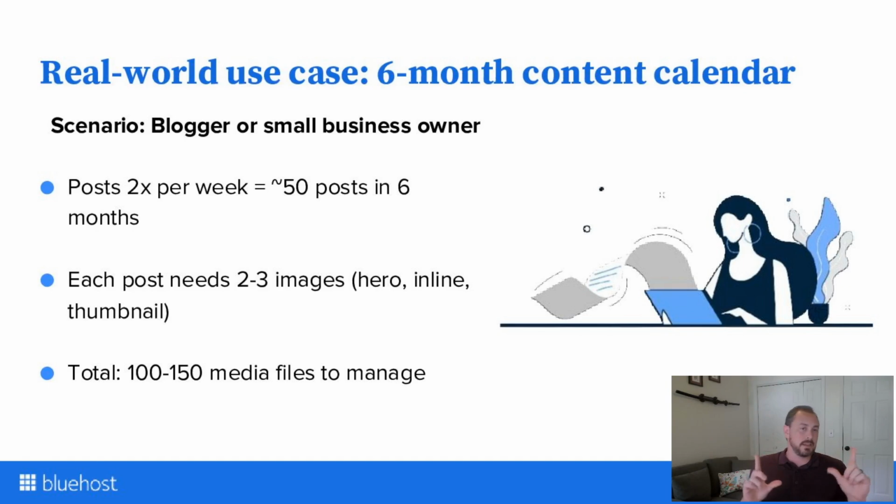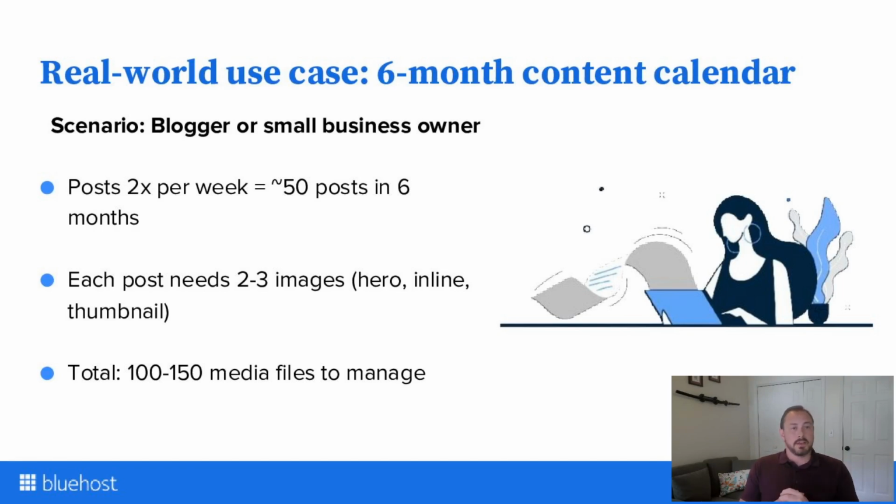You might have that hero image that goes at the top of the post. You'll have a few inline images, maybe a product image here or there. So you'll probably have about 2 to 3 images, sometimes even more, depending on how long your pages are and things like that.